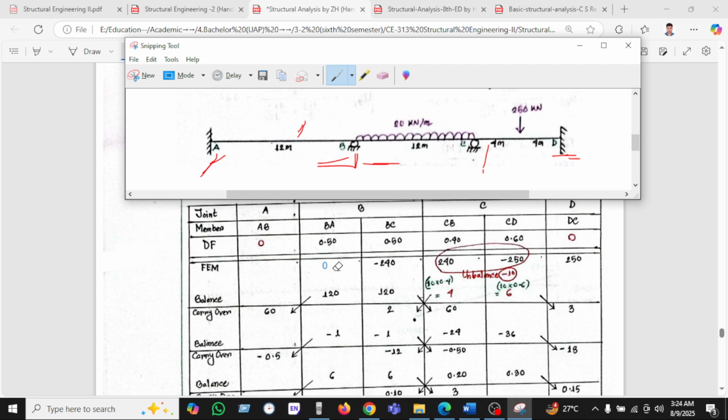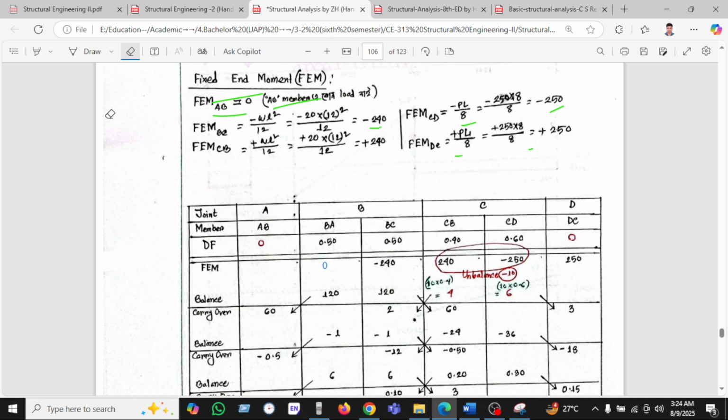As we know, this is the 0 and 250, so it has to be balanced. If we balance this 250, we have to divide this 250 among the members BA and BC, which is 50% and 50%.